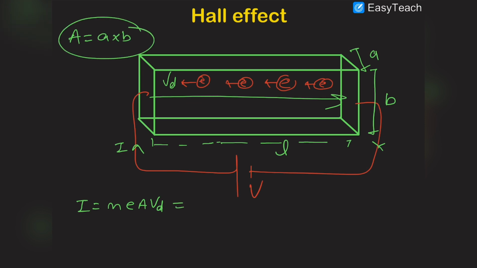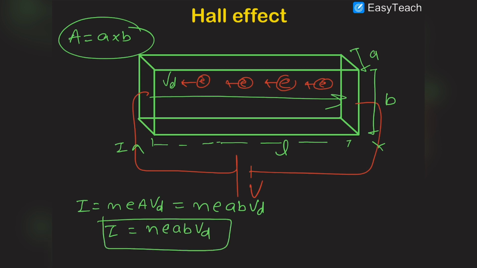So I will be equal to neab vd, where n is the number of free electrons per unit volume, e is the electron charge, and vd is the drift velocity. These are all the material based things, and a into b is the cross section dimensions.